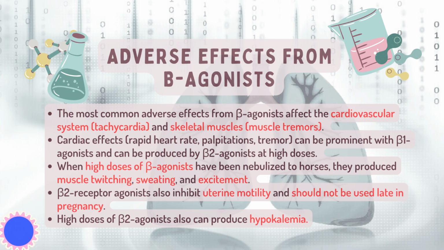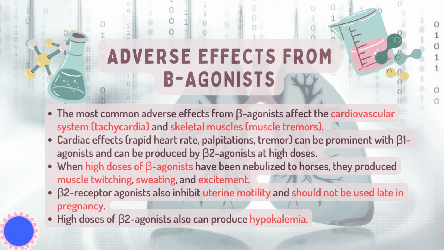For adverse effects from beta agonists, the most common affect the cardiovascular system, which is tachycardia, and skeletal muscle, which is muscle tremors. Cardiac effects, such as rapid heart rate, palpitations, and tremor, can be prominent with beta-1 agonists and can be reduced by beta-2 agonists at high dosage.